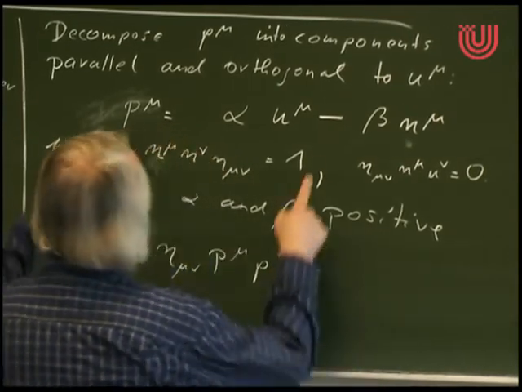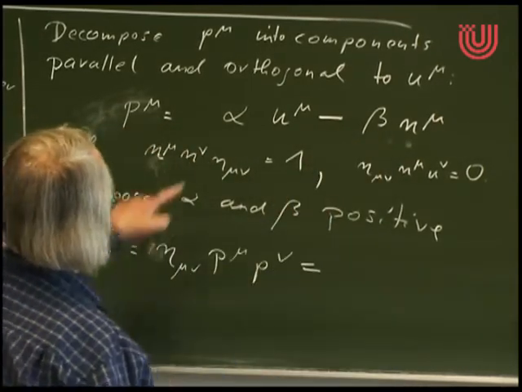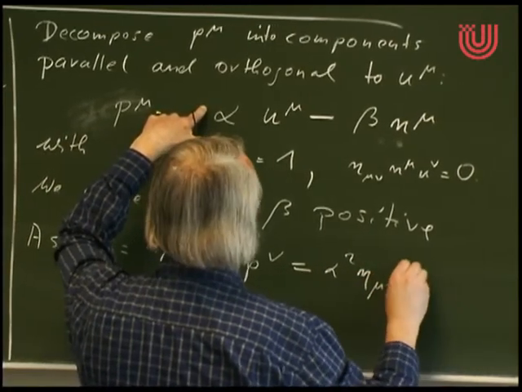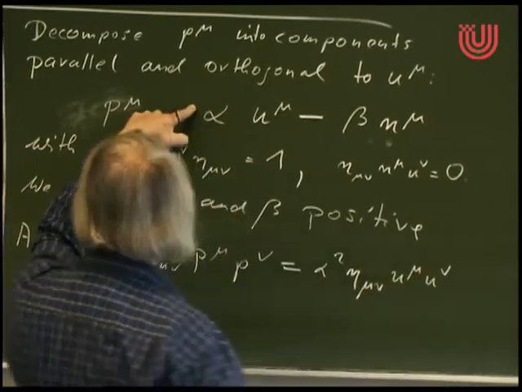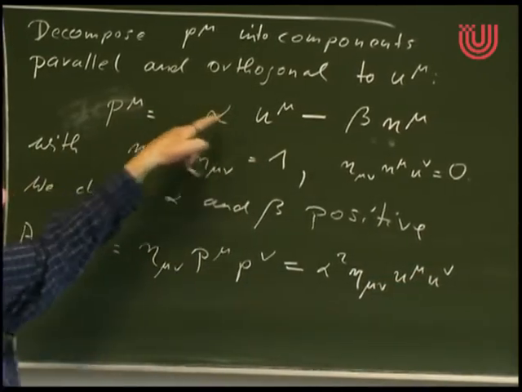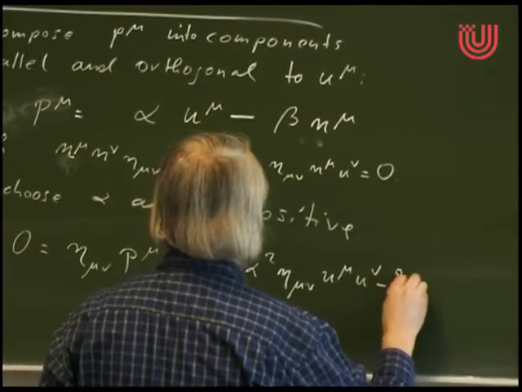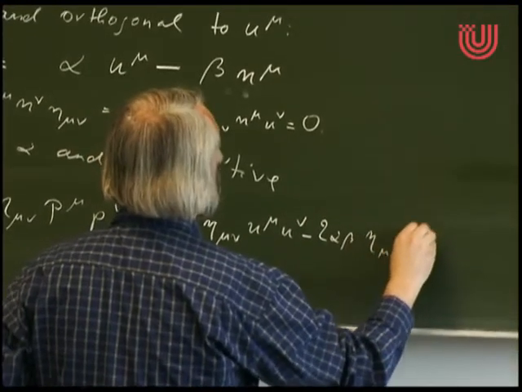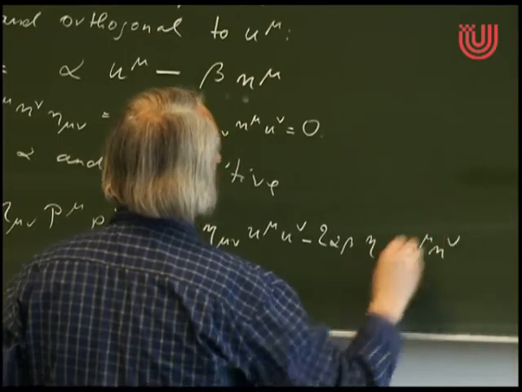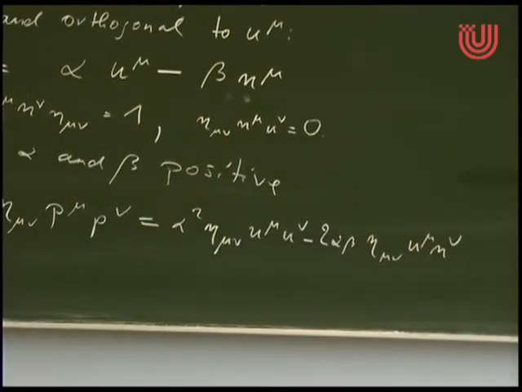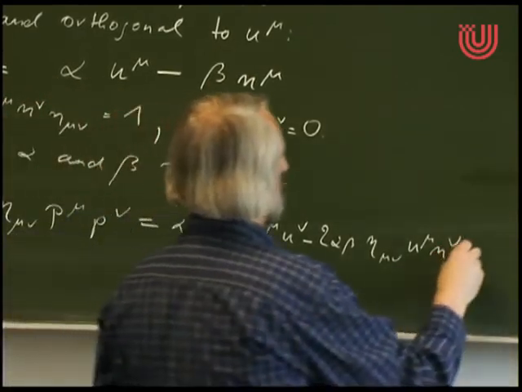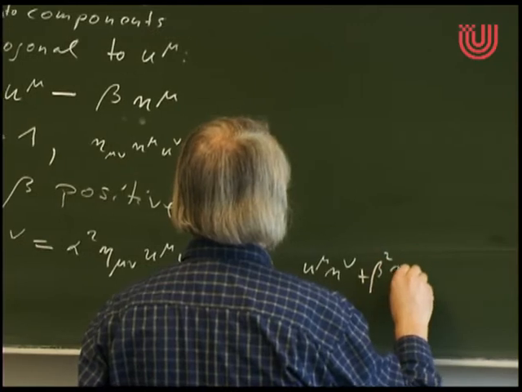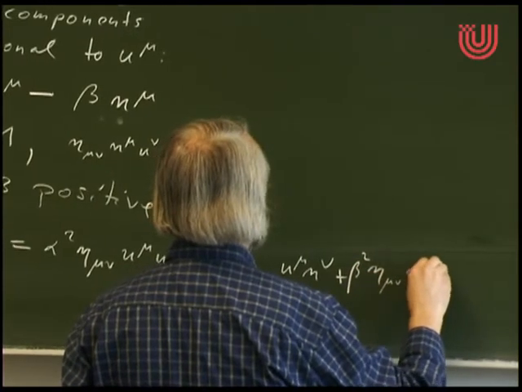And okay, with this expression I can now multiply this out. I get alpha squared eta mu nu u mu u nu. Then I get the mixed term, minus 2 alpha beta eta mu nu u mu n nu. And then I get this here with a beta squared eta mu nu n mu n nu.